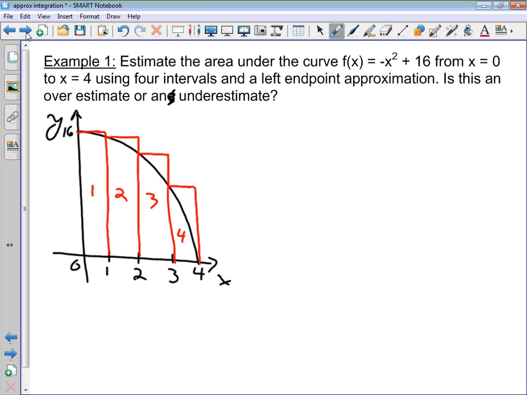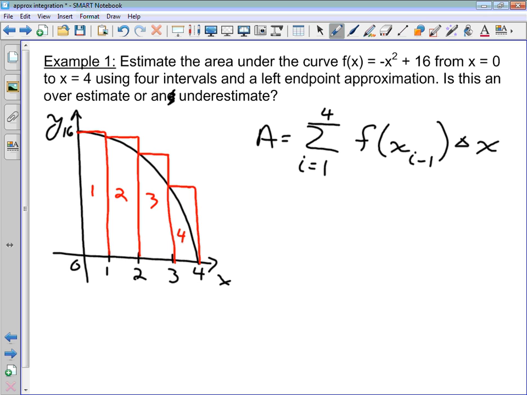So we want to use our left endpoint approximation. The formula that we had on the first slide was the sum as i equals 1 to 4 of f at x sub i minus 1, all times delta x. We can use it exactly the same way. So what do we need to put in here?